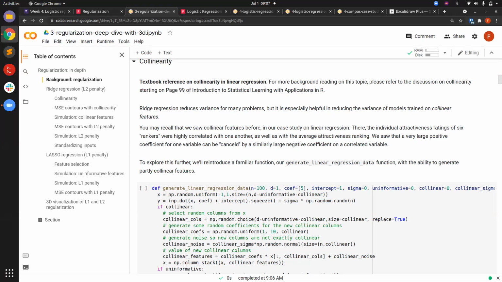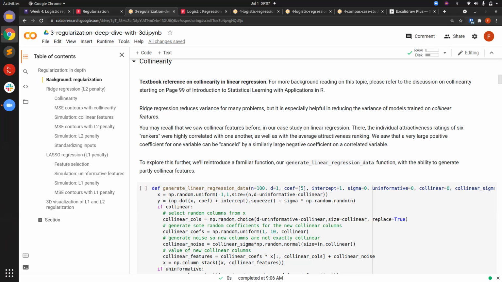In that data set, we saw that there were attractiveness rankings for each individual instructor that were extremely collinear. And we saw that as a result, the coefficient values kind of canceled each other out. So we had many large but opposite coefficient values for each of the individual collinear features.